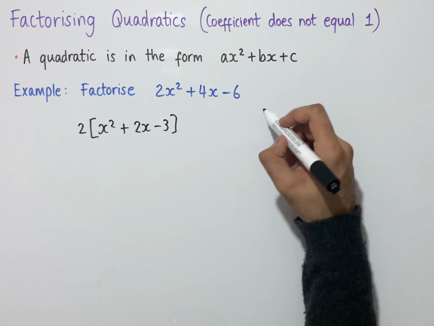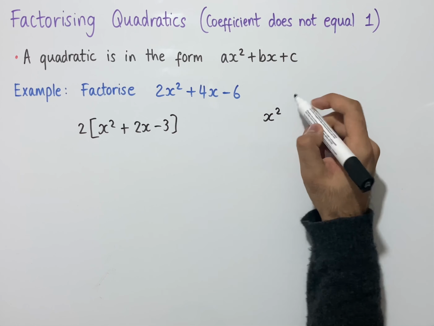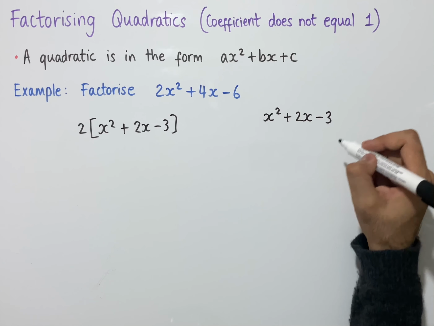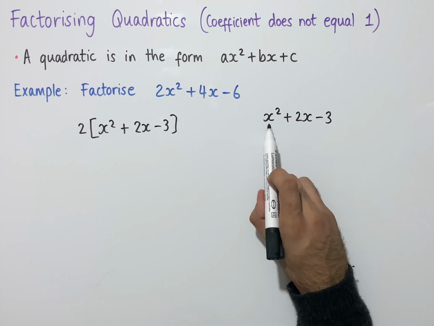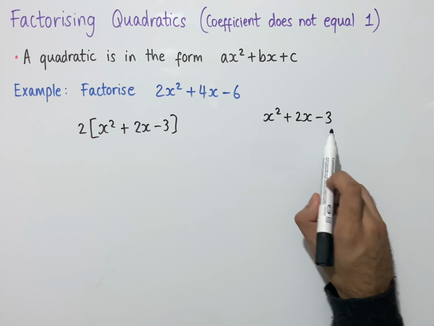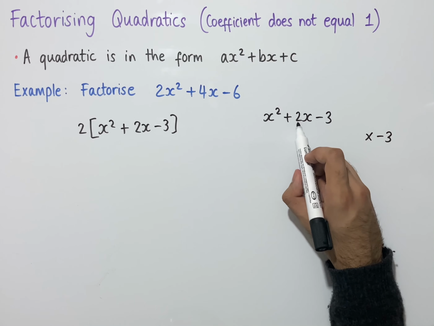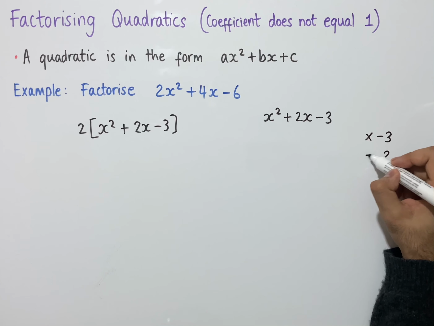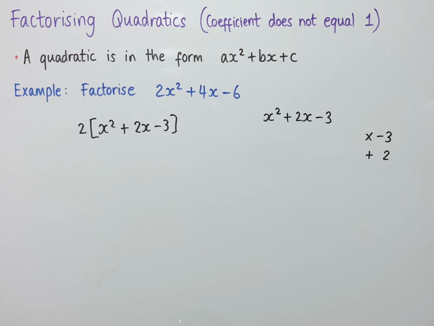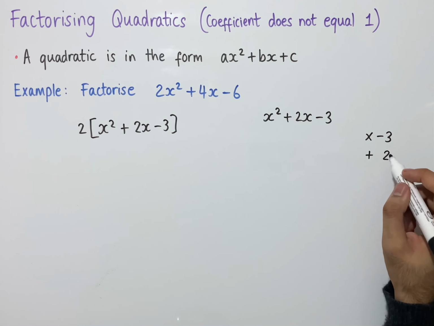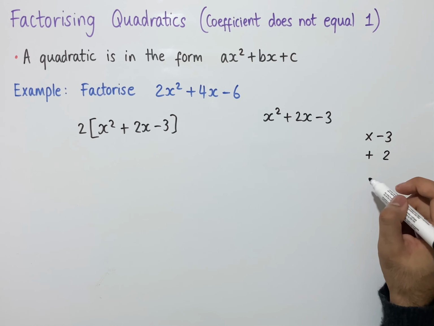If we just look at the quadratic inside the brackets, we have x squared plus 2x minus 3. We're looking for two numbers that multiply to make 1 times minus 3, so two numbers that multiply to make minus 3 and add to make 2. The two numbers we're after are 3 and minus 1, since 3 plus minus 1 is 2 and 3 times minus 1 is minus 3.